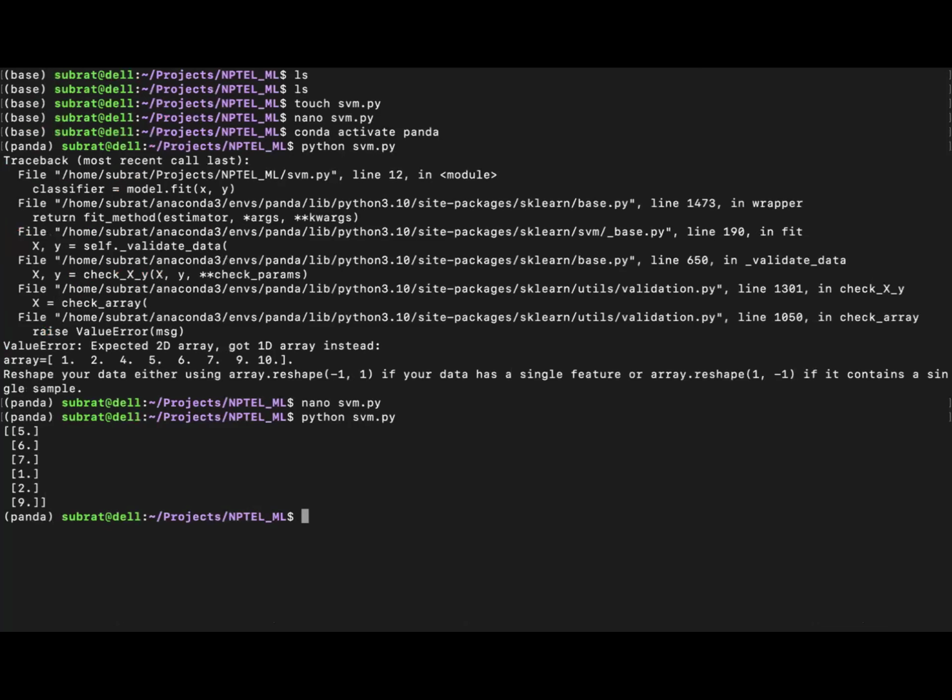So you got the support vectors 5, 6, 7, 1, 2, 9. If you run it again, same output.